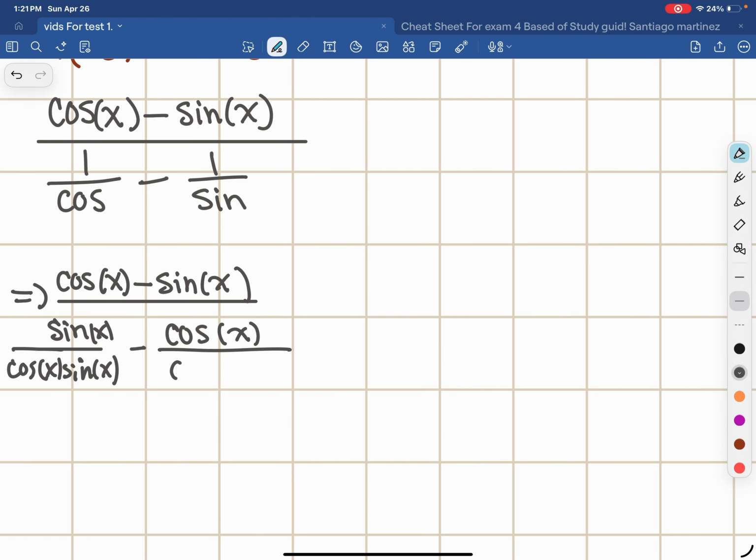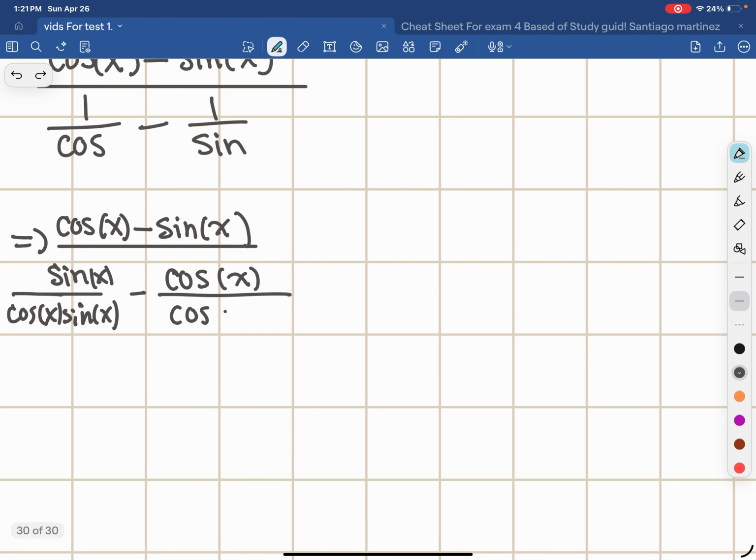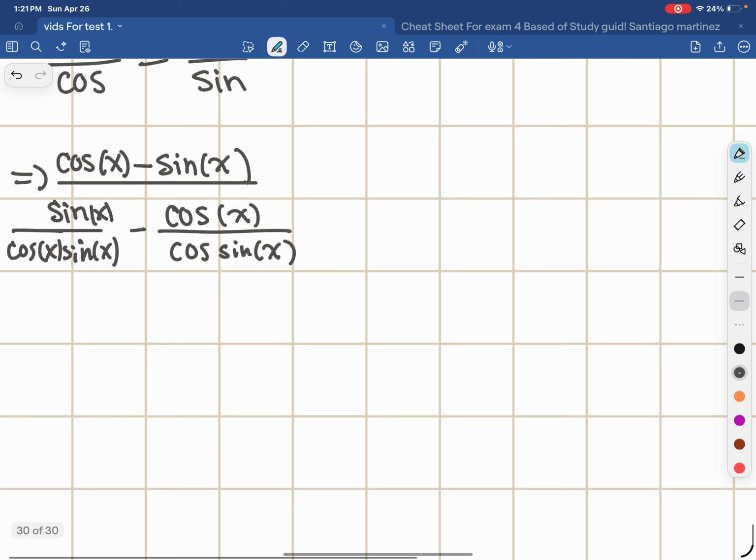And this will be the same base, right? Because all we did was multiply this way and this way to get the same bottom. So then we have cosine, and as you can see, we end up with the same bottom. And now, using basic algebraic rules, we can combine these two.